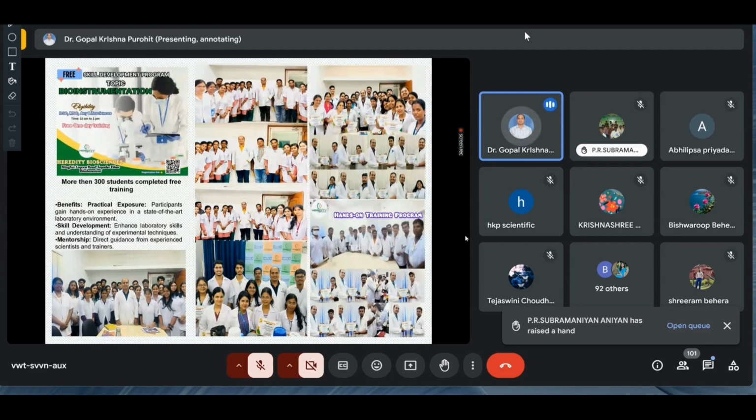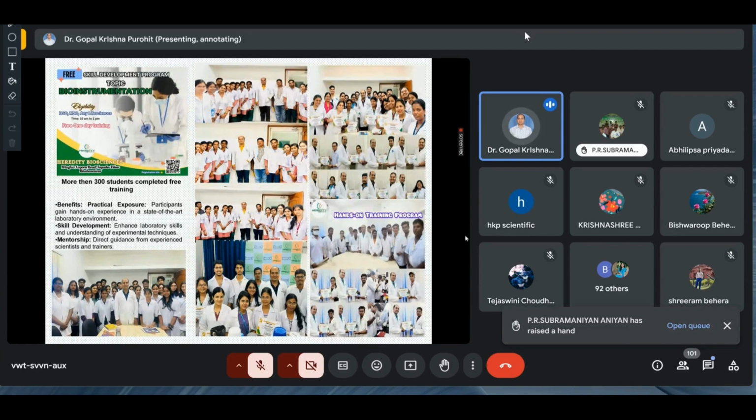The benefit for these students is that they participate in hands-on experience in the laboratories, in one-day or two-day hands-on learning programs. The students do hands-on experiments in molecular biology, microbiology, and other experimental work, which enhances their laboratory skills and understanding of experimental techniques.